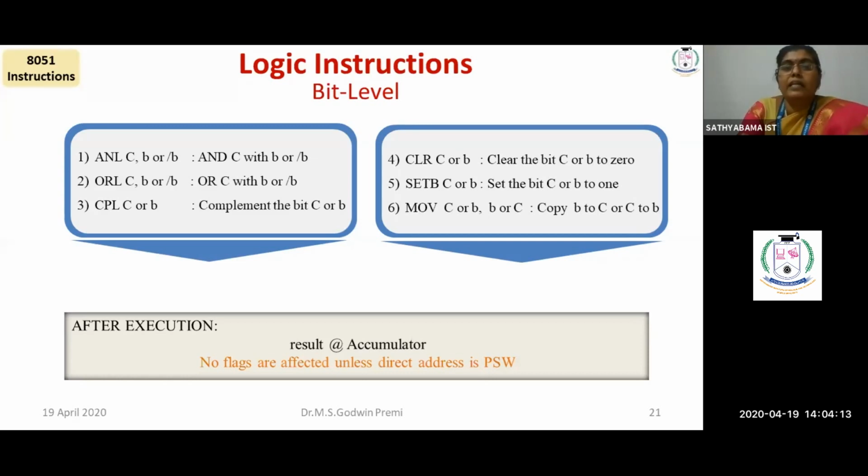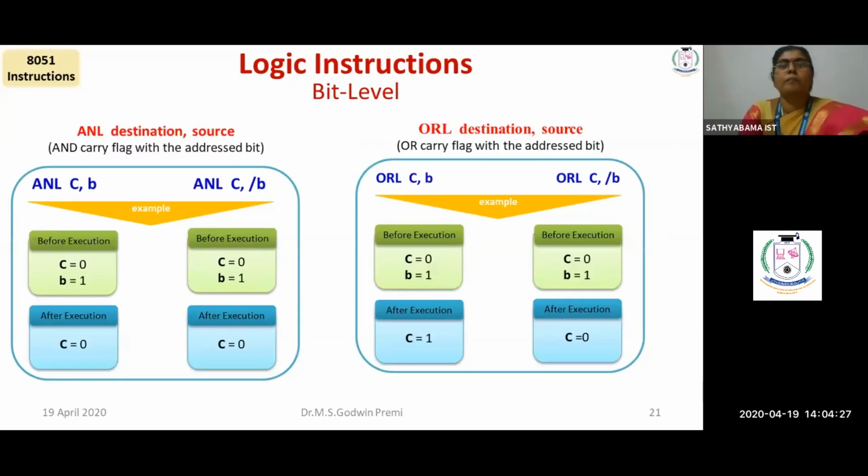ANL C, B or complement of B. That means logically you can AND these 2 bits. It is the 1 bit operation. This is also 1 bit operation. So the bit operation here, coming to the bit level, ANL destination comma source is the carry flag with the addressed bit. So ANL C, B, or we can have ANL C, B bar.